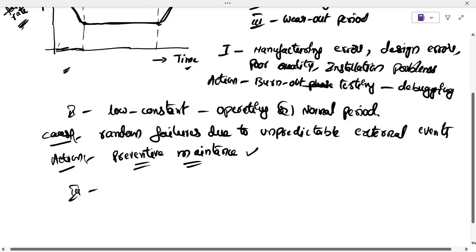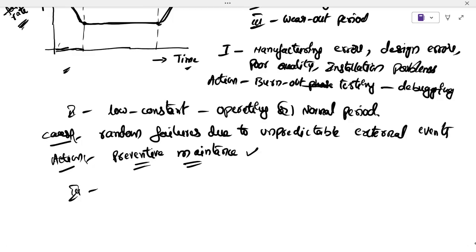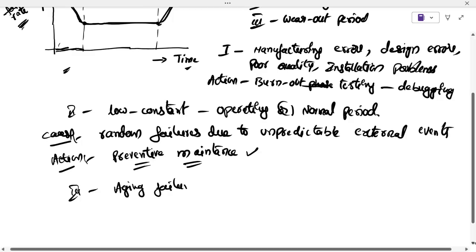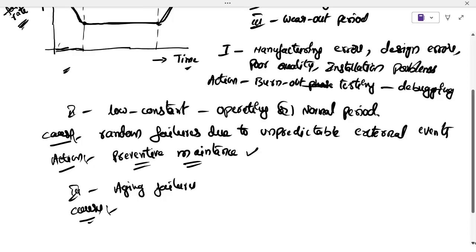Coming to the third phase, it is basically due to the aging of the components. These failures are also called aging failures. These failures increase with time, because they occur at the end of life of the component or system.